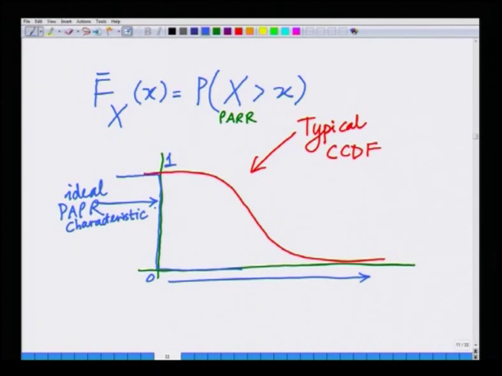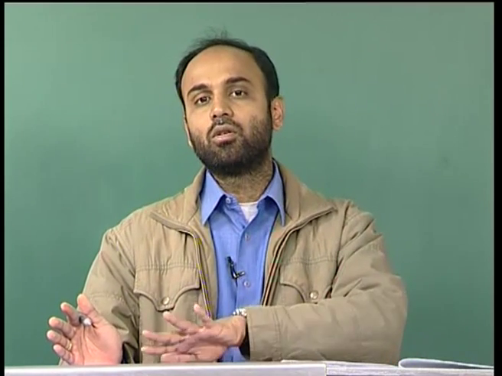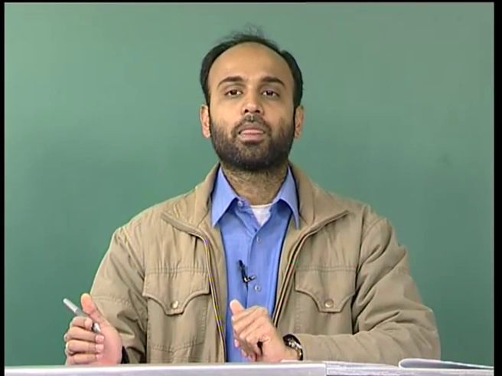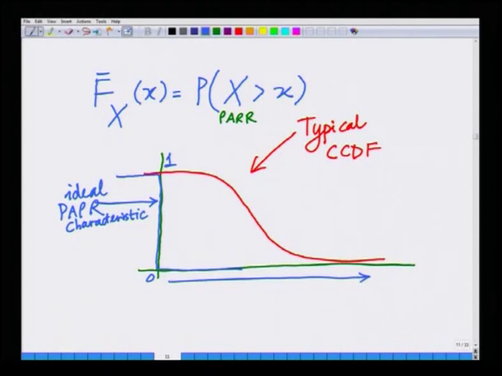That is, PAPR is exactly 0 dB: with probability 1 it is less than 0 dB, and with probability 0 it is greater than 0 dB, that is, it is always exactly 0 dB. That is what we want, the ideal, but in practice, especially in OFDM systems, we see that it has a high PAPR value which significantly deviates from the ideal desired characteristic of the PAPR value.